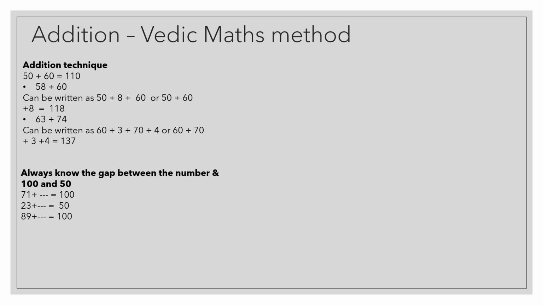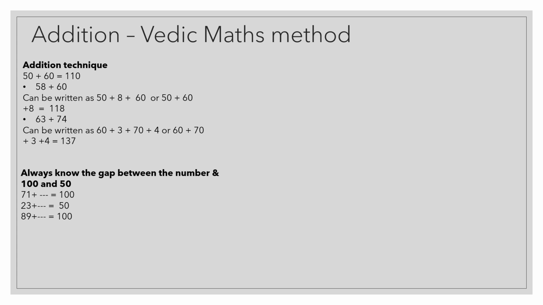Take another example. This is an important thing to know in Vedic maths. For any number, we need to understand how far it is from the nearest 100 or nearest 50, so that when we are doing an addition, it's quite easy for us. Take an example of 71.